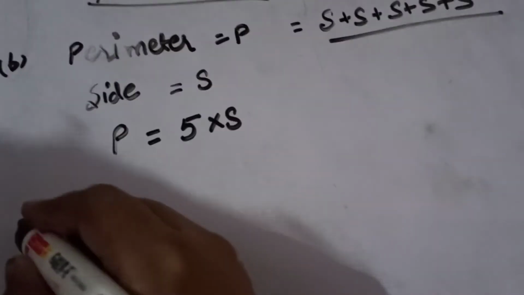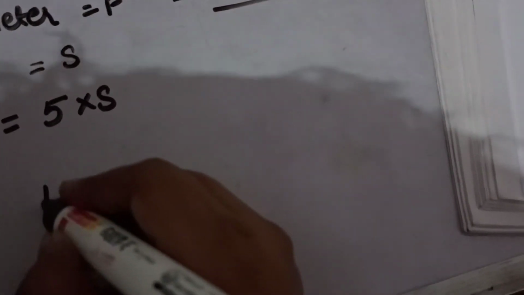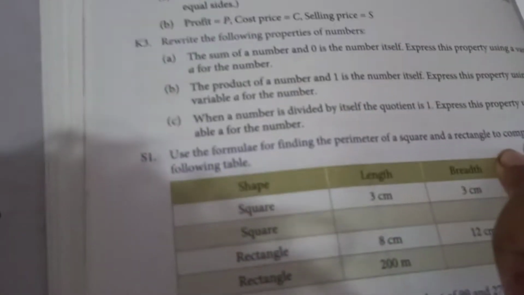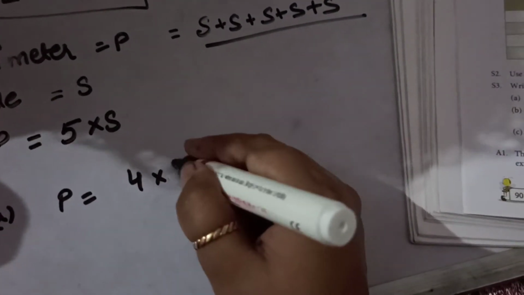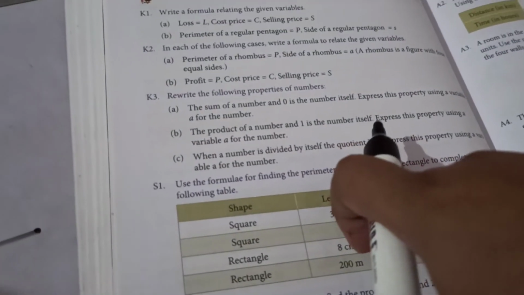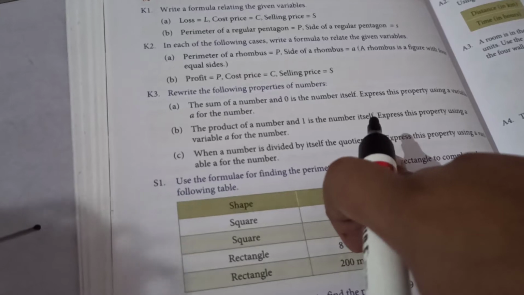So for this, what will be the perimeter? P equals 4 multiply A, 4 the number of sides, and A is given here in place of side. Side of a rhombus equals A.